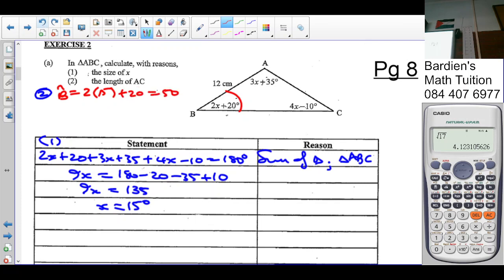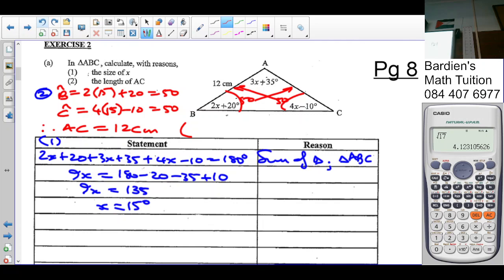Angle C is equal to 4 times 15, which is 60, minus 10 is 50. They're the same. So if the angles are the same, then the sides opposite have to be the same. Therefore AC is equal to 12 centimeters.